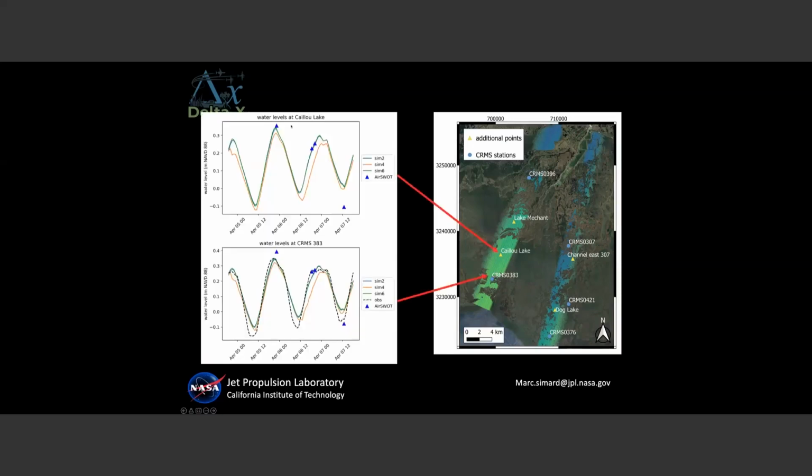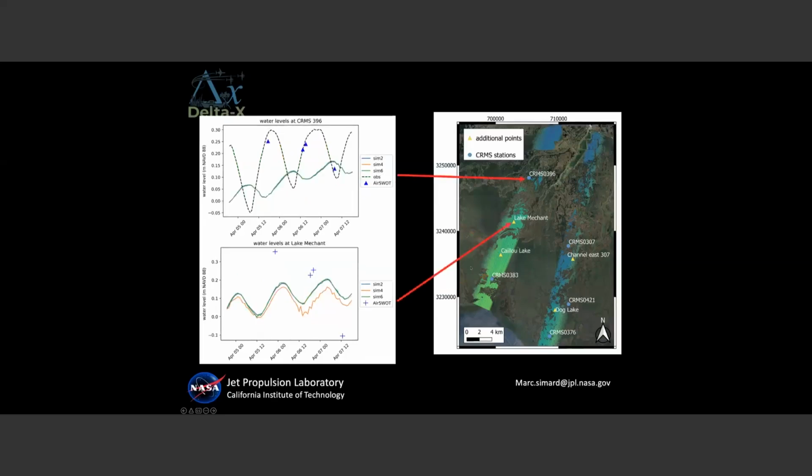So here are some AirSwap measurements, which are the blue triangles here, and a few simulations with different friction coefficients. Those are the Sim 2, 4, and 6. That match very well in the southern part of the Terrebonne area. However, when you look at the northern side, the model, which are these 4 lines here, doesn't seem to propagate tide well enough.